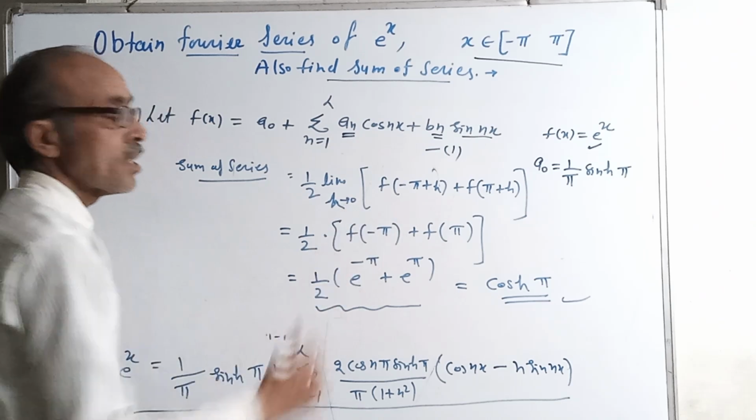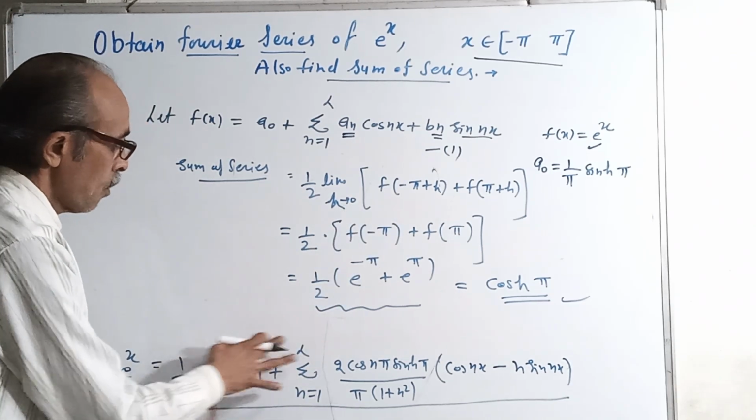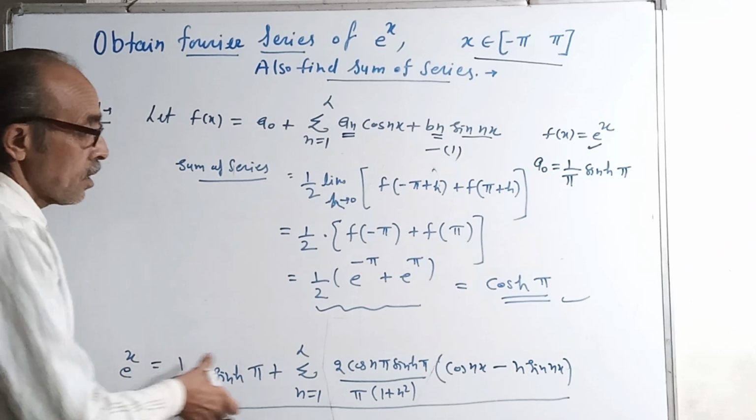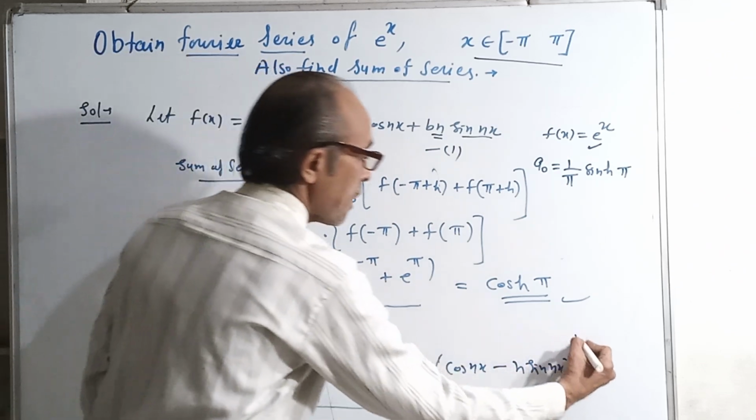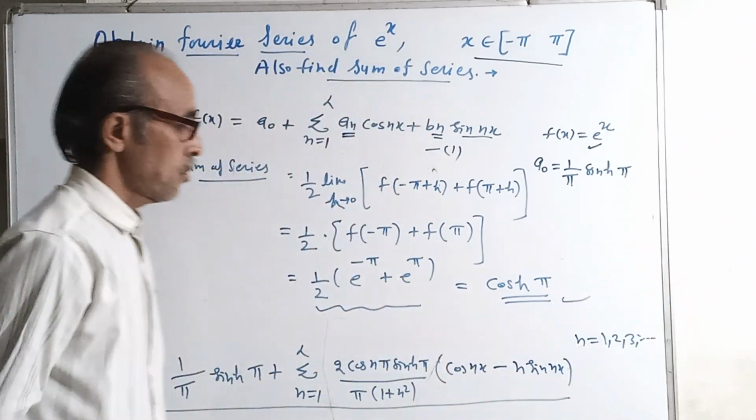Hence the sum of series is cosh(pi), and the expansion form of the Fourier series of e^x is given by this value, where n is equal to 1, 2, 3, 4 and so on.